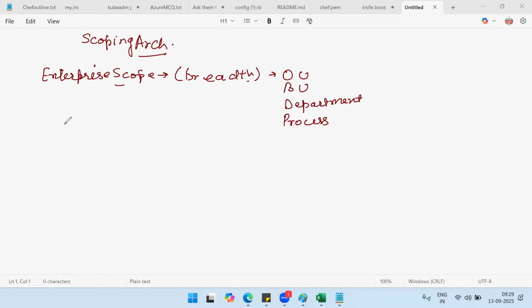Second is called the level of detail. This is called depth. Here you need to decide to what level of detail the architecting efforts should go.